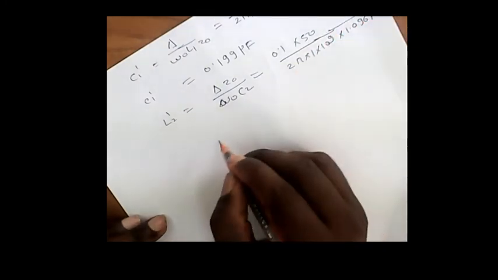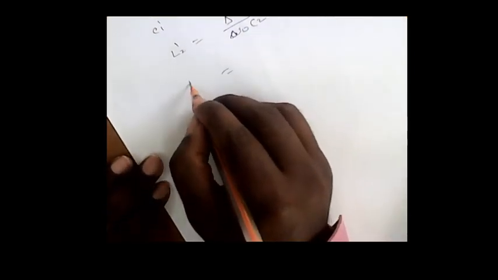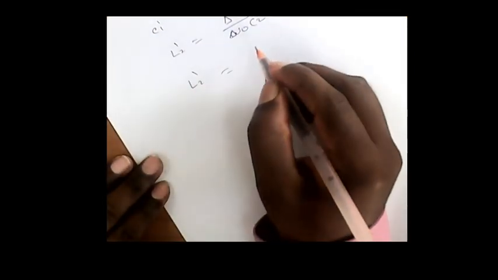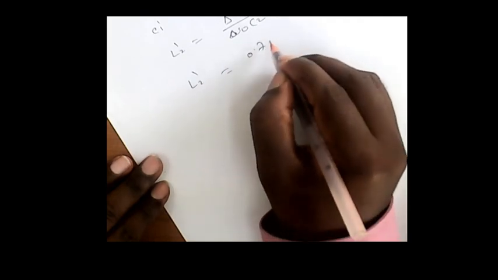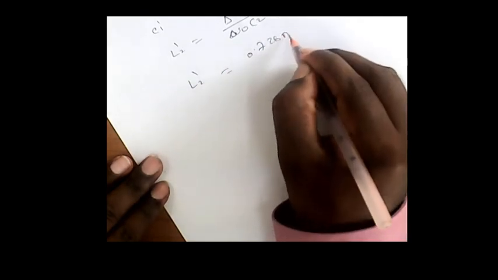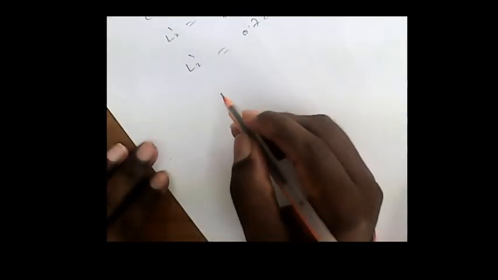After calculation we get L2 dash equal to 0.726 nanohenry.